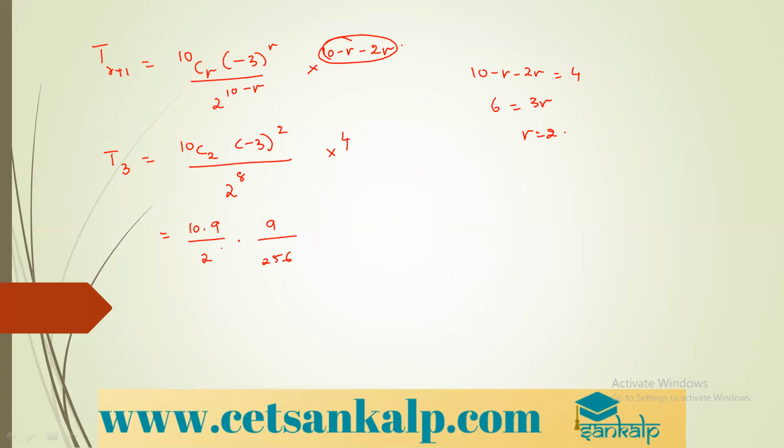This is only the coefficient. So I can take 2 fives. So 81 into 5, 405 by 256. This is the coefficient of x power 4 in the given expansion.